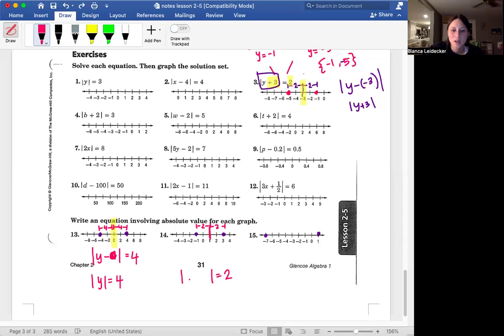So my set is that I can have x minus 1 because my midpoint is 1. I'm going to do my variable minus whatever that midpoint is.